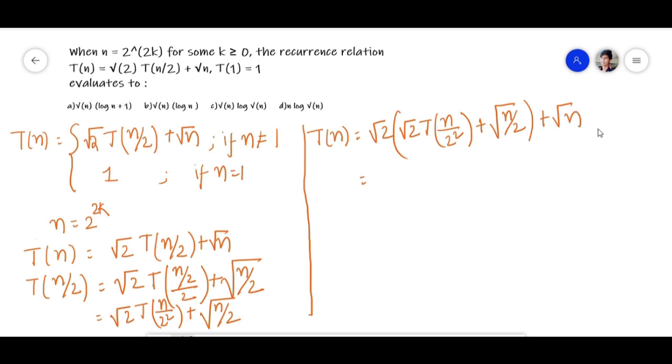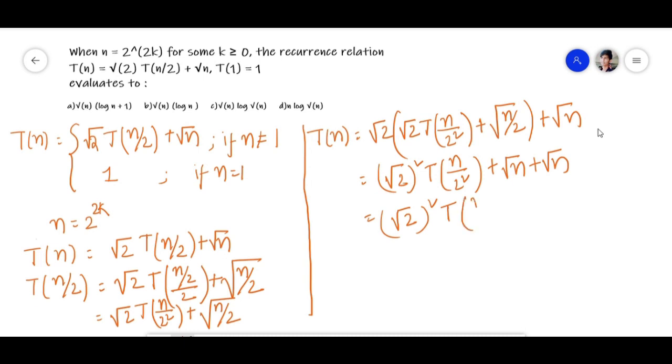On simplifying this, we get root 2 square T of n by 2 square plus root 2 into root of n by 2, which equals root n, again plus root n. It implies root 2 square T of n by 2 square plus 2 root n.